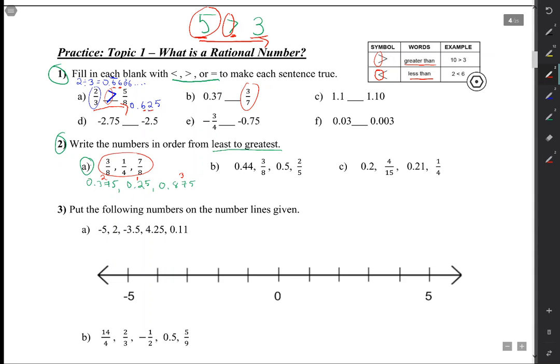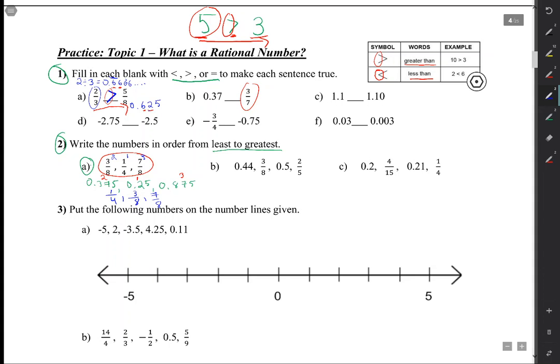So you find the order using the decimal numbers, but then you use the fractional numbers to actually give me your final answer. So the order for these ones would be 1, 2, and 3. I'm just going to write them in order below. So from least to greatest, it would be 1 over 4, comma, 3 over 8, comma, 7 over 8.